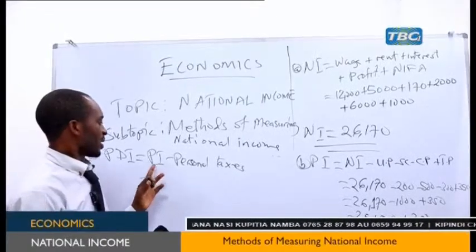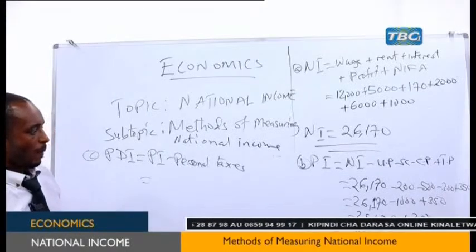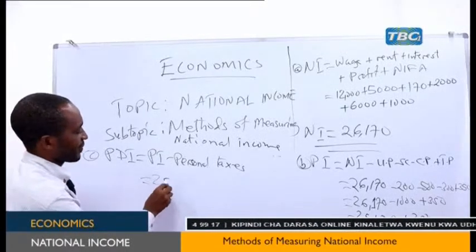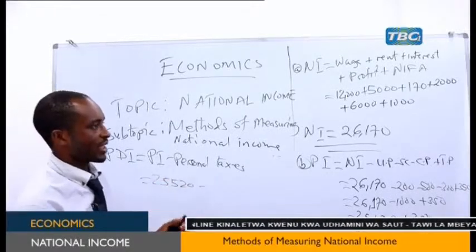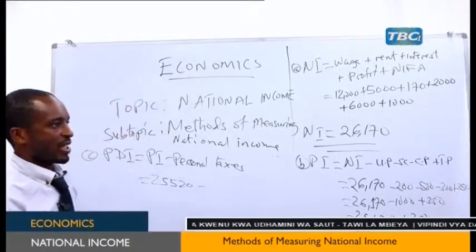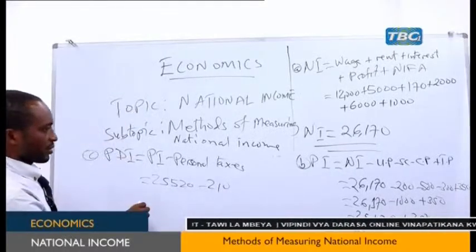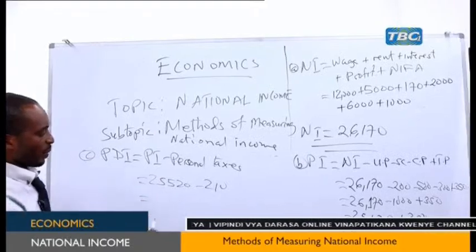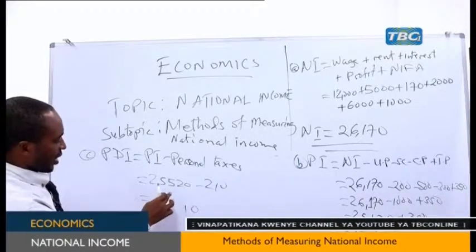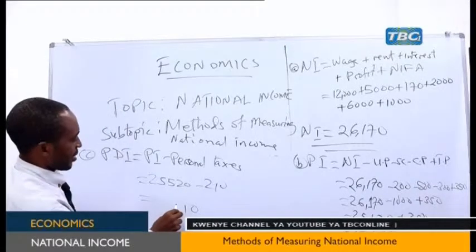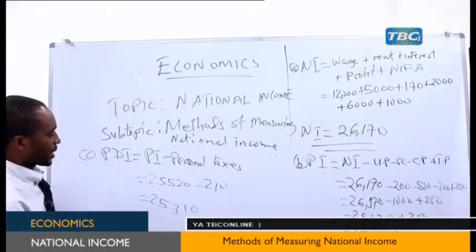So the personal income is 25,520 minus personal taxes. The personal taxes are 210. So when you subtract here, it is 25,310.